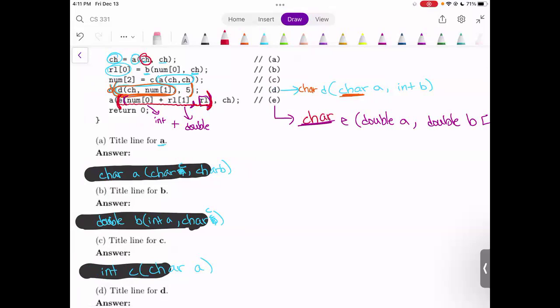So this whole thing has to return a char. Okay, does anybody have any questions before we move on to writing functions?